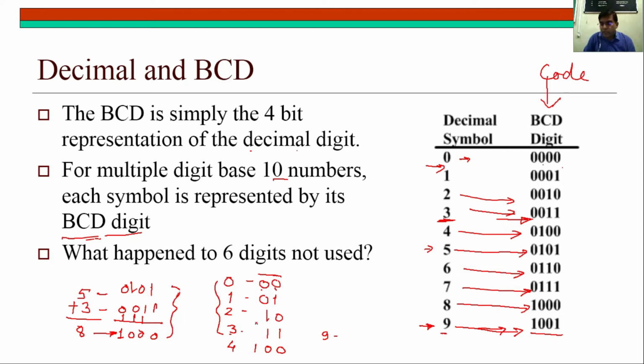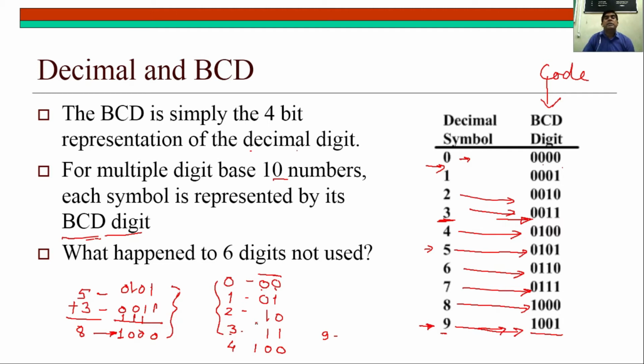Once we understand the code, we can represent numbers in the computer for storage purposes. But when you are doing decimal arithmetic, you are actually adding the two BCD codes. Now that we know the BCD code, we will see how to do BCD arithmetic.